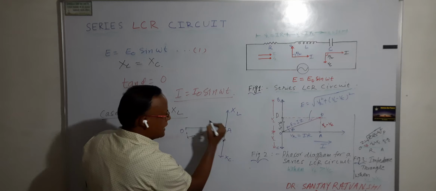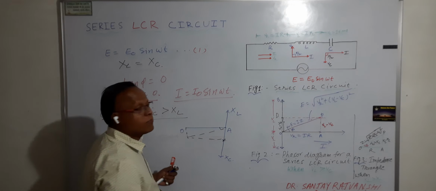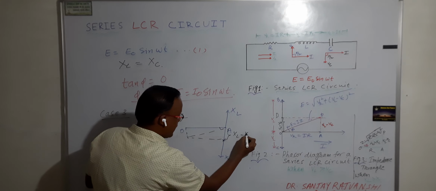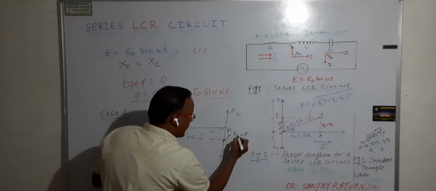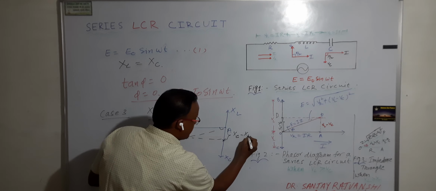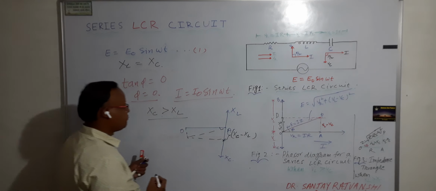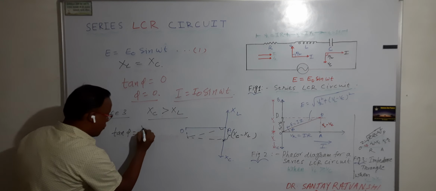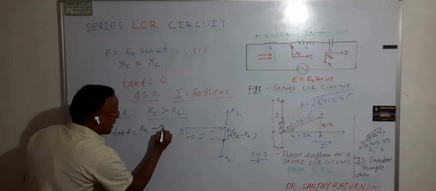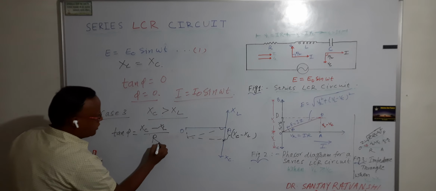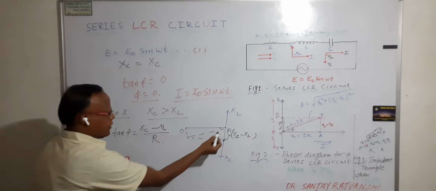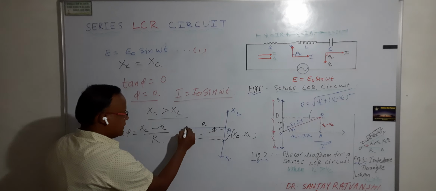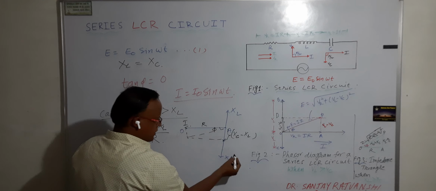So in this case phi is here. This is XL minus XC with negative sign, so you can say XC minus XL. Here tan phi comes out XC minus XL upon R, perpendicular upon base. This is your R, this is your phi, this is your current, and here this is voltage.